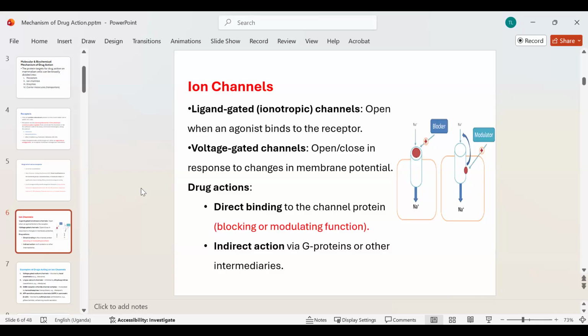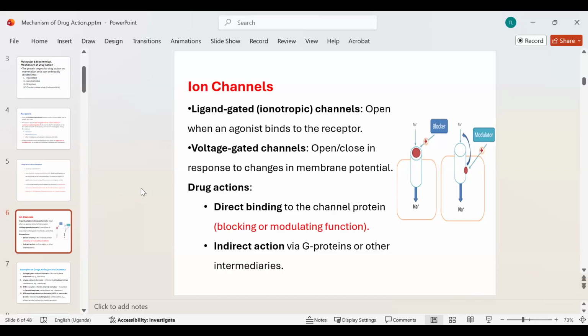Different books will call it different names, but as long as you get the principle that a drug comes and binds to this receptor, it opens up the channel and the ions flow in. We also have the voltage-gated channels. These open in response to changes in membrane potential, positive or negative.